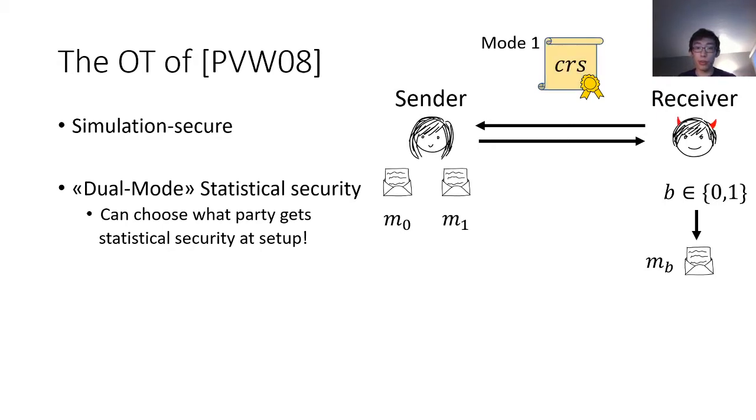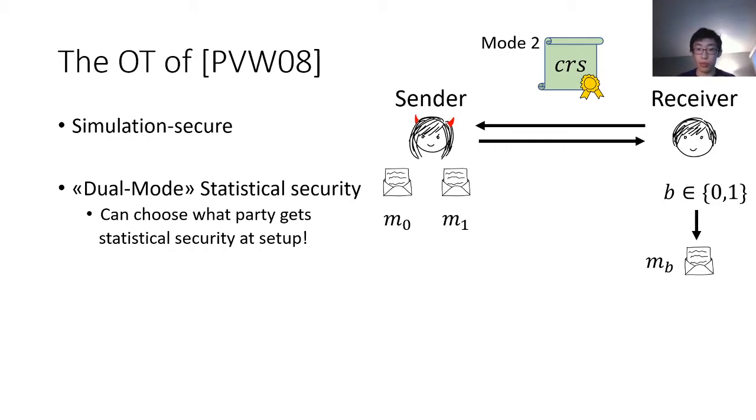There's a first mode here in orange, where the CRS is sampled according to some orange distribution, which ensures statistical security for the sender. And there's a second mode that ensures statistical security for the receiver. And of course, those two modes ensure computational security for the other side.